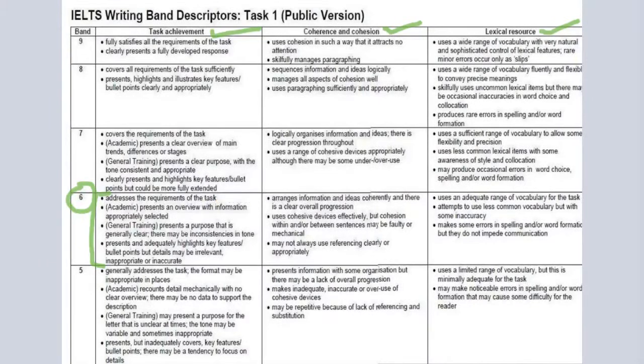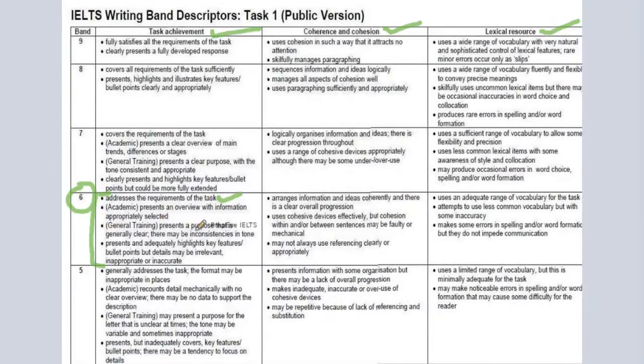There could be 3 questions, 2 questions in your essay, and you have to answer each and every question. There could be a general statement in your question. There could be a specific statement in your question. So you have to talk about both of them by keeping the balance. Basically, they are checking whether you're meeting the requirements of the task. Are you answering what the question is asking or not?